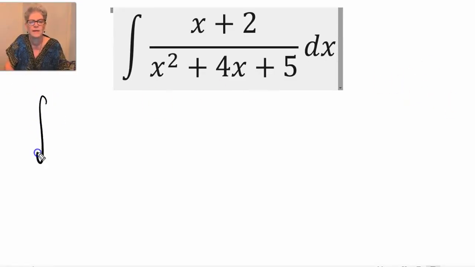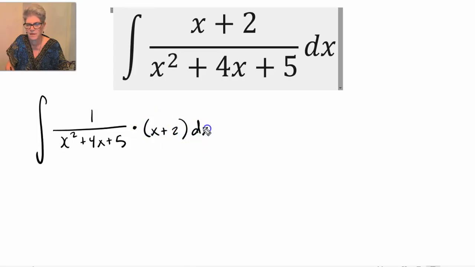So I'm going to rewrite now. Okay, so this is what I'm going to let u be. Now I need to take derivatives of both sides.